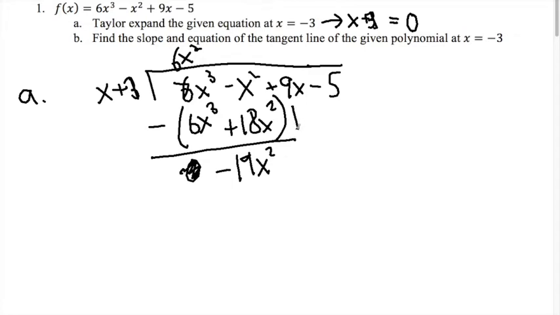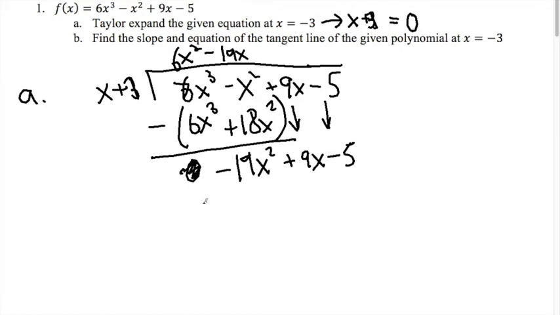After you do that, you bring down the rest of the values and continue. So this would be minus 19x squared plus 9x minus 5. Then you figure out how many times x goes into minus 19x squared, which is minus 19x times.